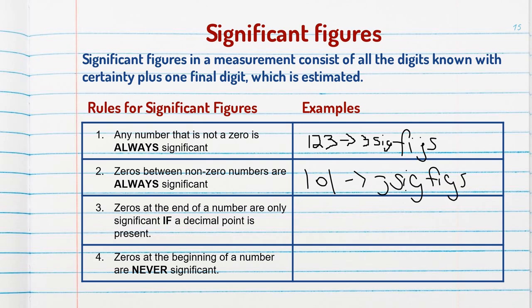And then zeros at the end of numbers are only significant if a decimal place is present. And zeros at the beginning of the numbers are never significant.